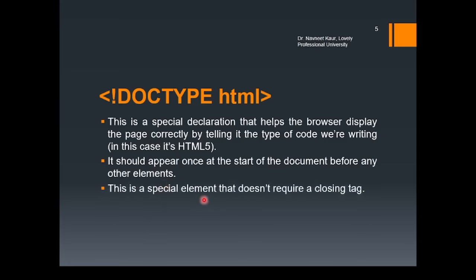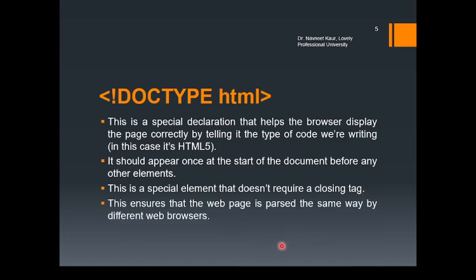This is a special element that doesn't require a closing tag, meaning that it is an unpaired tag. This ensures that the web page is parsed or interpreted the same way by different web browsers. So why exactly do we need a doctype HTML? Because while rendering the web page, the browser has to follow all the specifications that you are using in your HTML document.